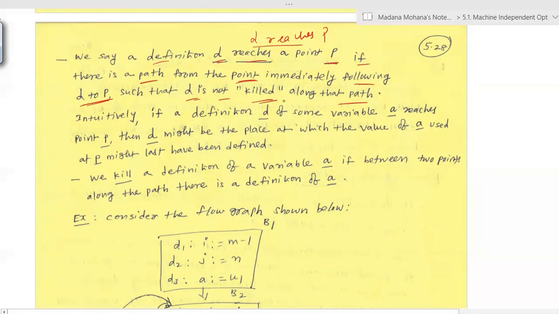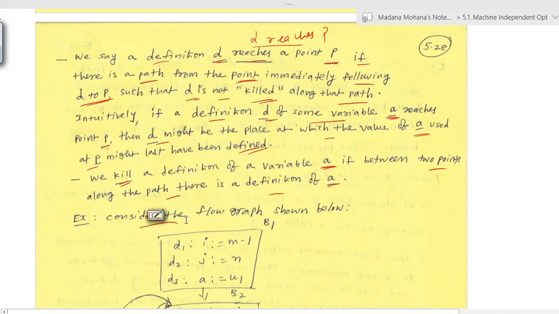Similarly, if a definition D of some variable A reaches point P, then D might be the place at which the value of A is used at a particular point; it might last have been defined. Now we kill a definition of a variable A if, between two points along the path, there is another definition of A. At that time we have to kill.